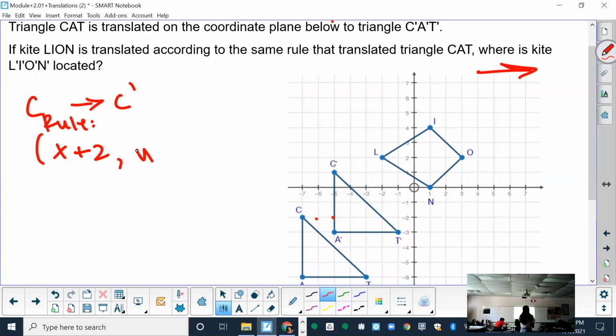What about the movement up or down? What was the movement up or down from C to C prime?